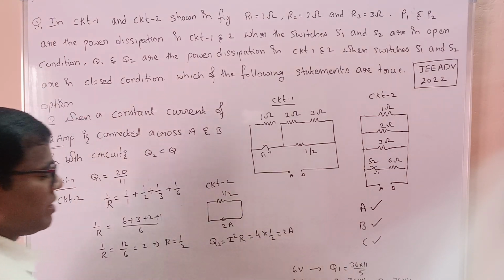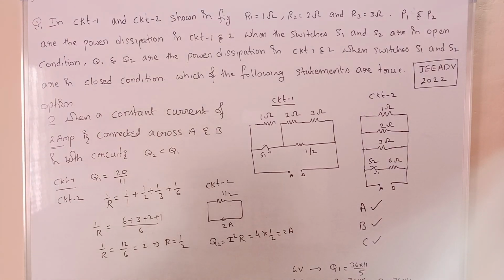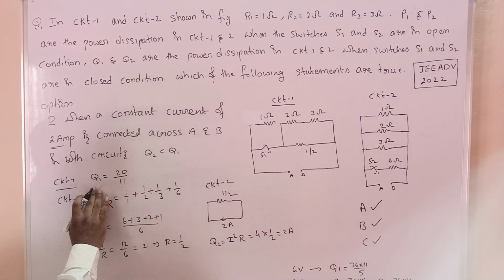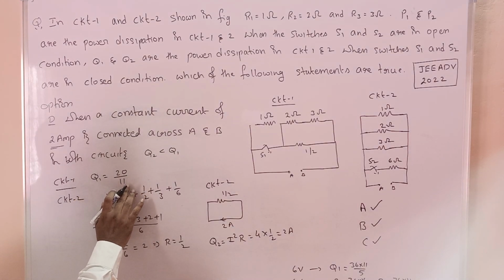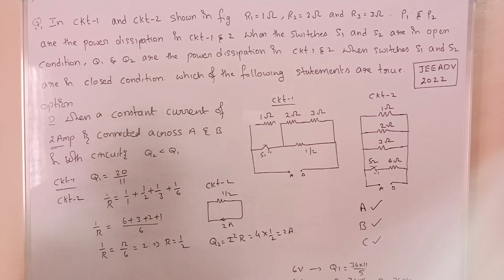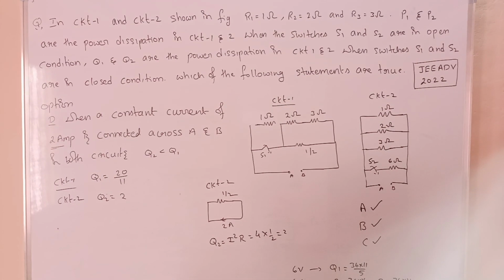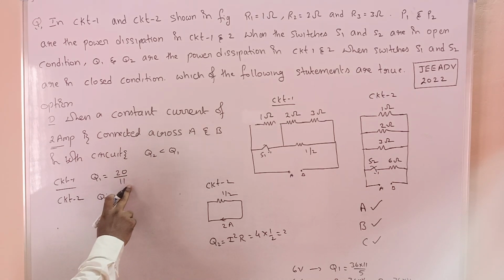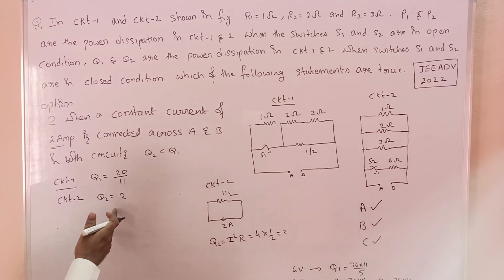Now see here, Q2 is 2 and Q1 is 20 by 11. So which one is greater? In circuit 1 we got Q1 as 20 by 11, and in circuit 2 we got 2. So clearly Q2 is greater than Q1.